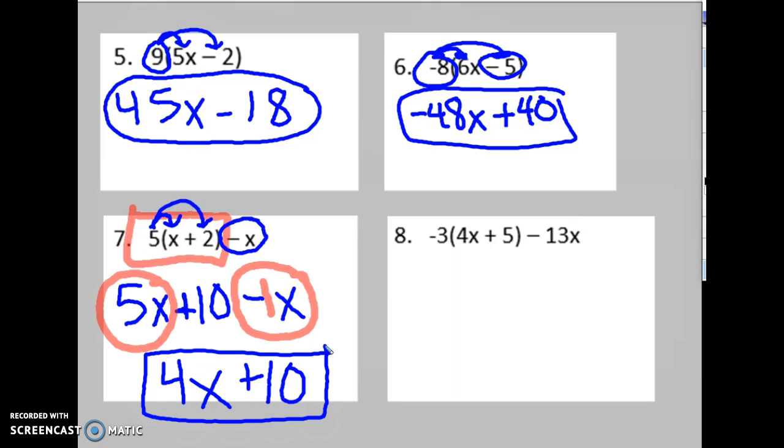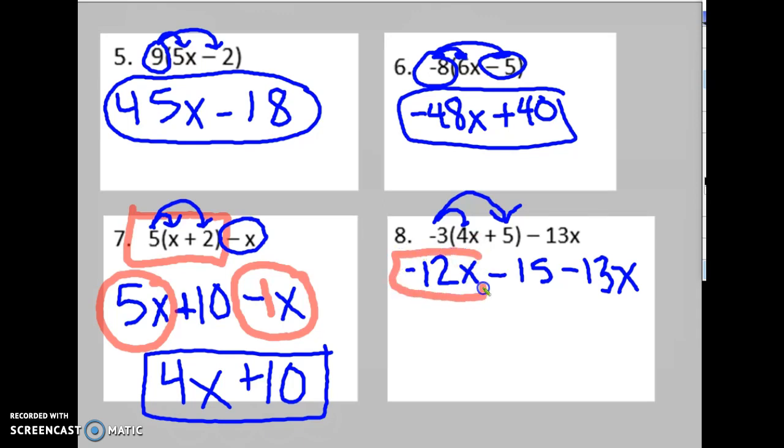Let's try another one, number 8. So we're going to start off by multiplying the negative 3 to everything inside the parentheses, which starts with negative 12x, because negative 3 times positive 4x is negative 12x. I'm going to multiply the negative 3 times positive 5, which gives me minus 15. And then we also have the minus 13x at the end. So then from here, we have to combine our like terms.